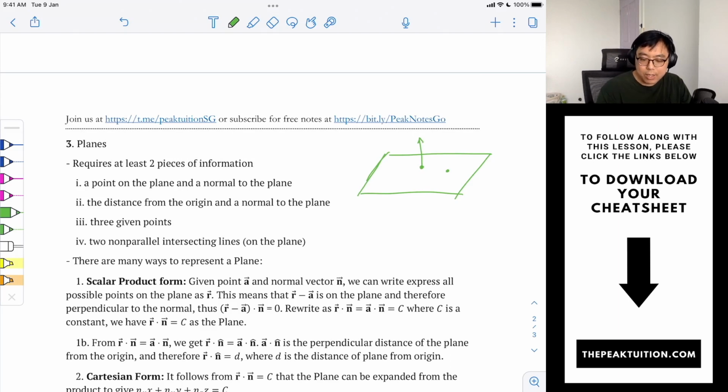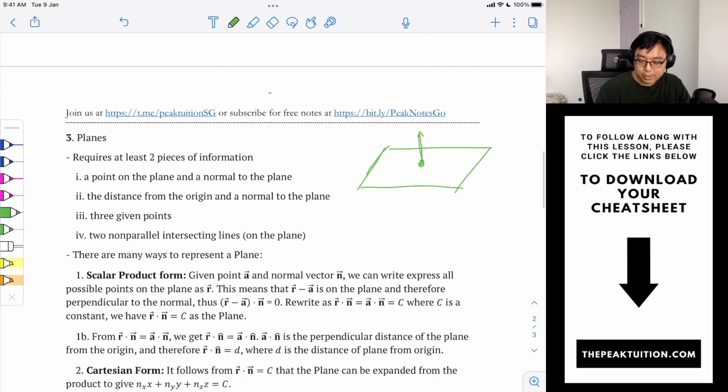And then that would tell us that from this point, from this normal, we can see that there are perpendicular points to this normal, and all these perpendicular points lie on this plane.